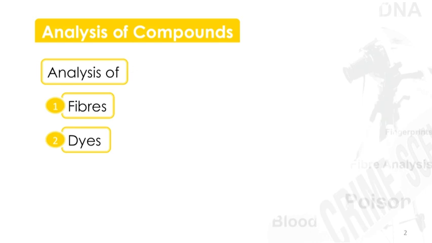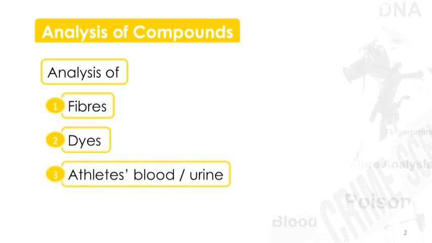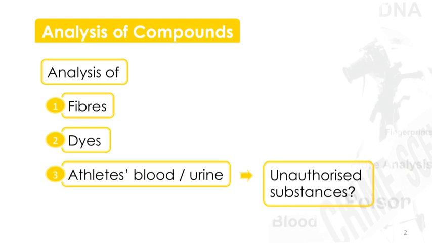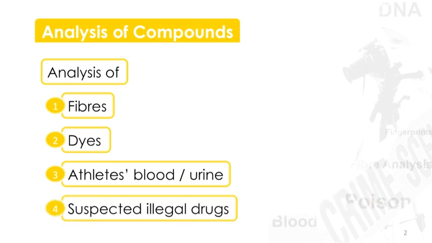As you all know, at major sporting events, the blood or urine of athletes is routinely tested for the presence of unauthorized substances. And this is another example of where we would want to analyze for particular compounds. One of the major applications of this kind of chemistry is in the analysis of suspected illegal drugs.